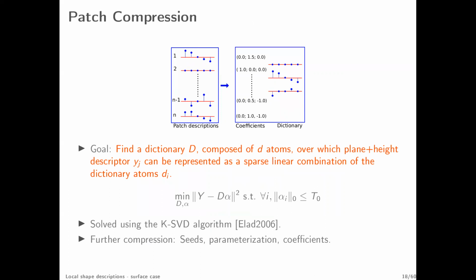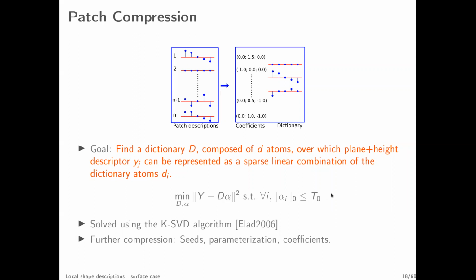And the real important thing here is how do we go from patch descriptions to coefficients plus dictionary? This is a problem which has actually been studied a lot in machine learning and in computer vision. The goal is to find a dictionary composed of a certain number of atoms, over which a descriptor would be represented as a sparse, so a lot of zeros, linear combination of the dictionary atoms. If you write that as an optimization, it's just finding a dictionary and a sparse set of coefficients subject to not having so many non-zero coefficients.